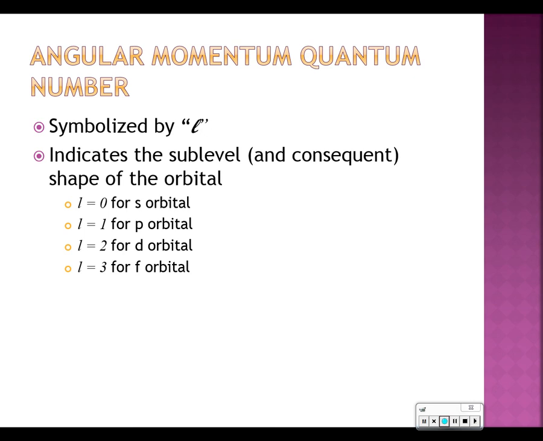Notice, each orbital gets its own number. S orbitals all get an L, or angular momentum quantum number, equal to 0. P orbitals all get 1, D orbitals get 2, F orbitals get 3. That's the number that they are assigned.